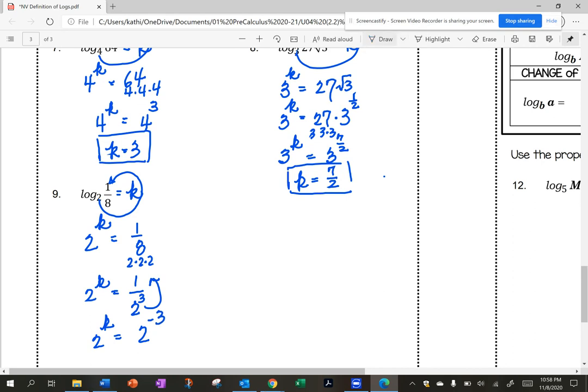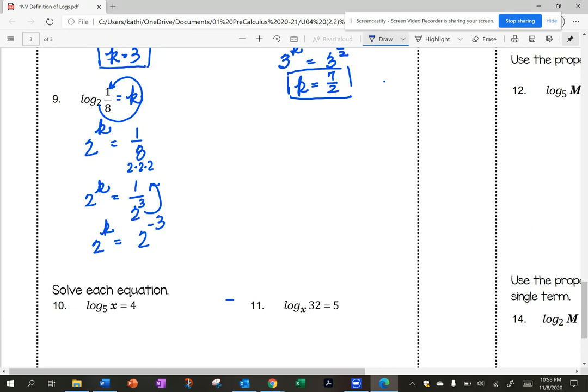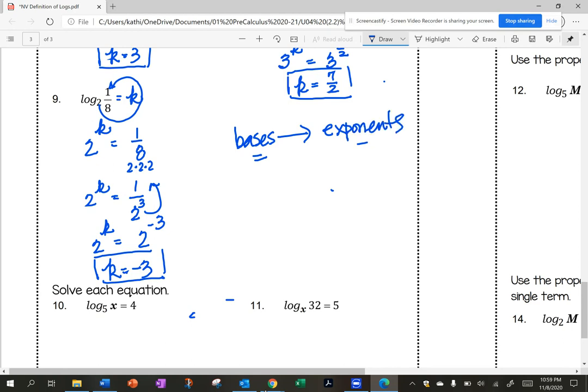So now my bases are equal. So my exponents are equal. So I get k equals negative 3. So big picture here is if my bases are equal, then my exponents are equal. Okay, important concept.